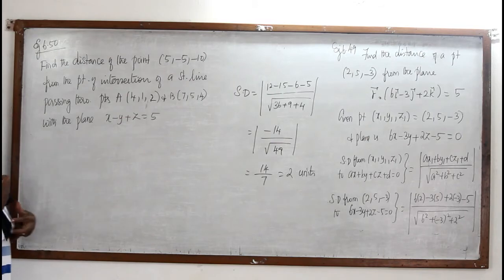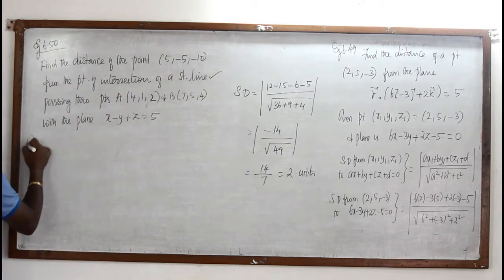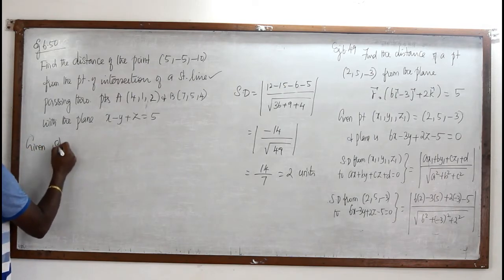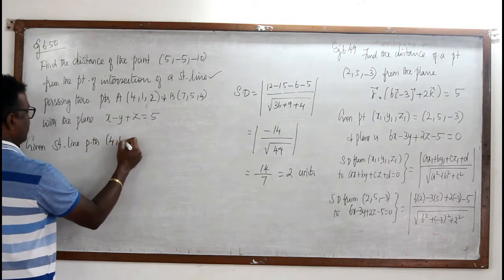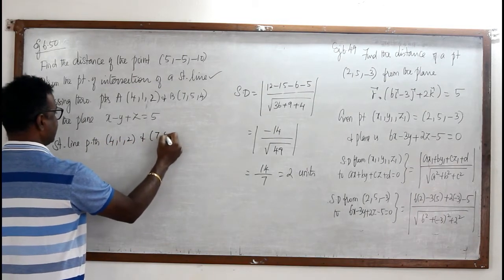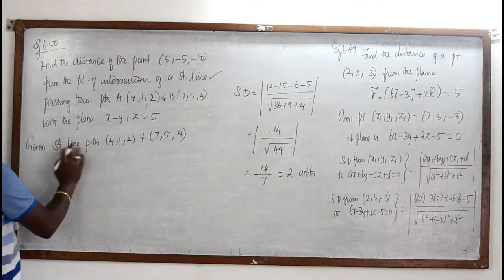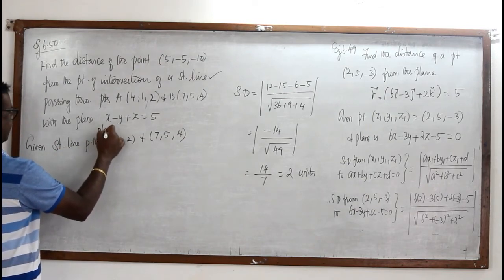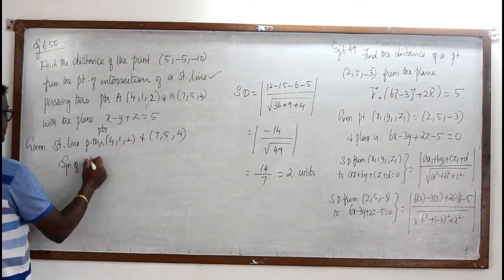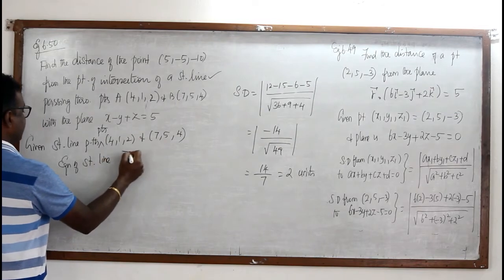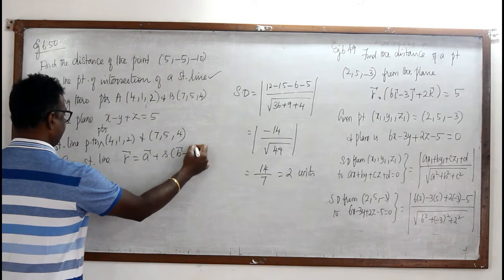So what I am going to do is, let me find the straight line first. The given straight line passes through 4, 1, 2 and 7, 5, 4. When 2 points are given, remember, the equation of the straight line is r vector equal to a vector plus s into b minus a vector.